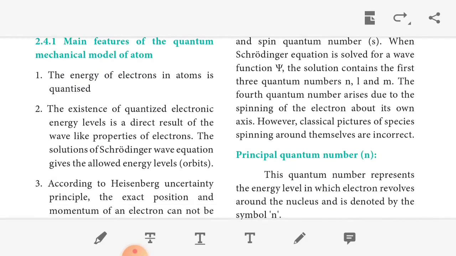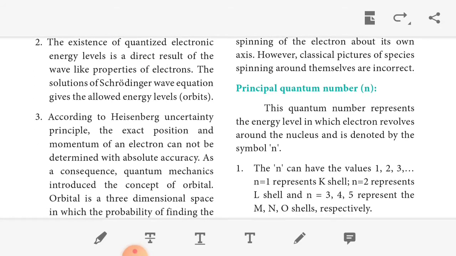Then a very important content in this chapter is quantum numbers. The main features of the quantum mechanical model can be asked in a 5 marks question. The first point: the energy of an electron in an atom is quantized, that is, it has certain values. Next, the existence of quantized electronic energy levels is a direct result of the wave-like properties of electrons, that is, the solution of the Schrödinger wave equation gives the allowed energy levels, that is orbits.